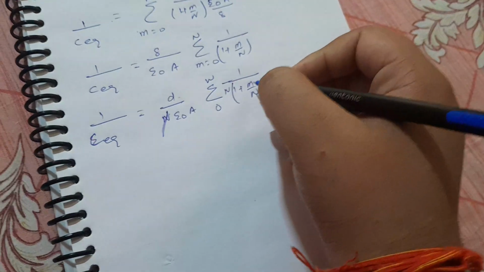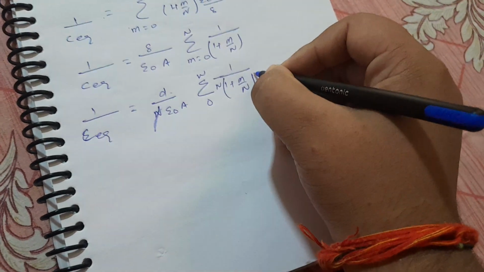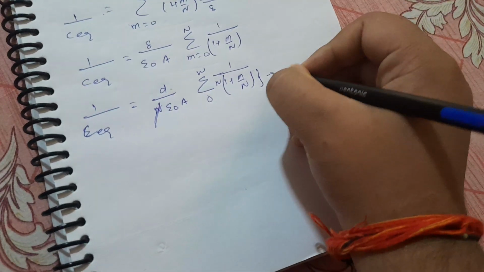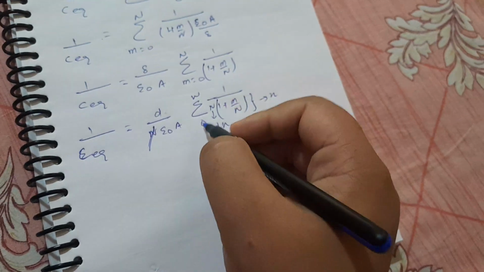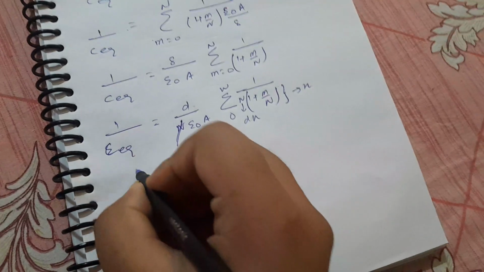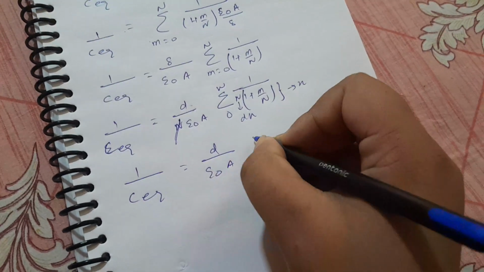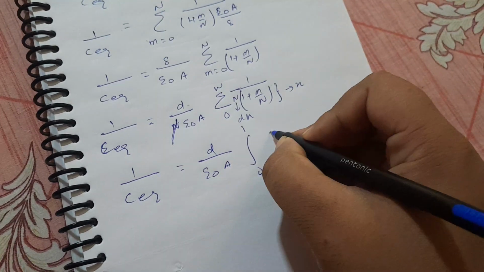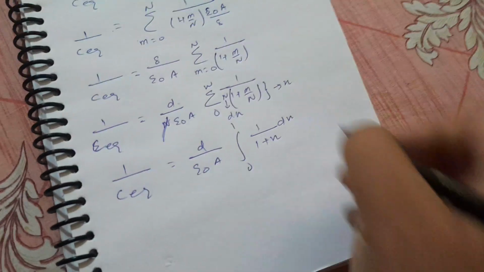And now by using limit as a sum of integration, we can write M by N as X, 1 by N will become dx, and sigma 0 to N becomes integral 0 to 1. So 1 by C equivalent can be written as D by epsilon naught A integral 0 to 1 of 1 by (1 plus X) dx.